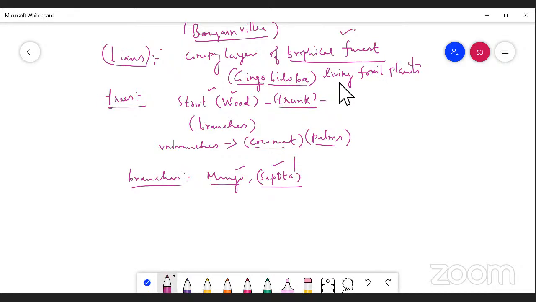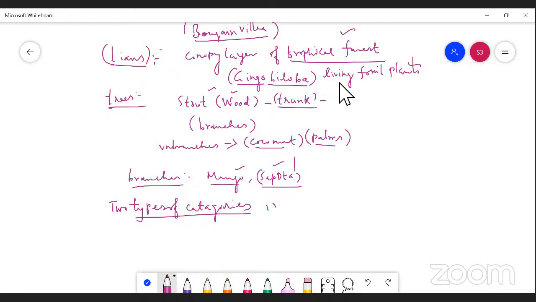The plants are based on categories. There are two types of categories. What are the two types?